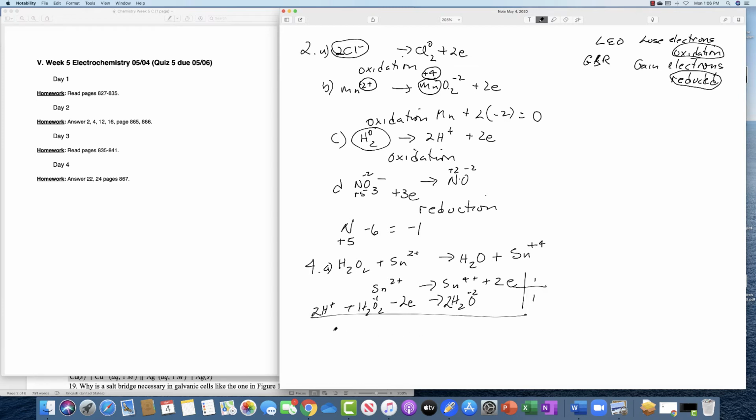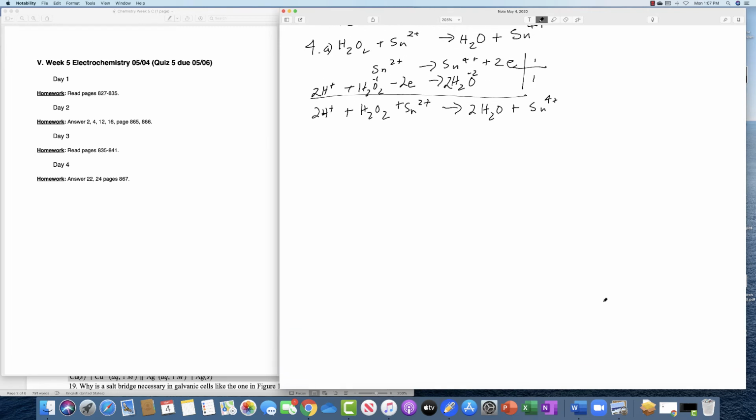So if you sum all this, you get 2 hydrogen ions plus H2O2 plus Sn2+ goes to form 2H2O plus Sn4+. And that's the right answer. The fact that it is in an acid environment is where these hydrogens are coming from. So let's take a look at the next one.